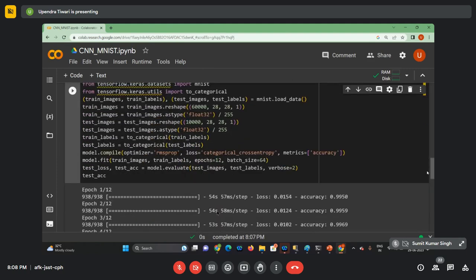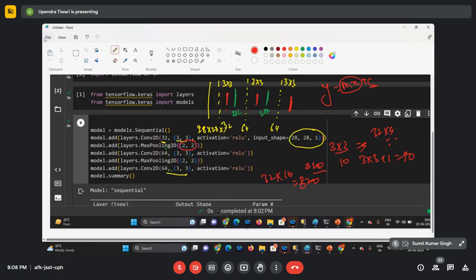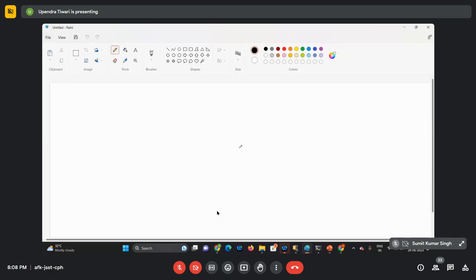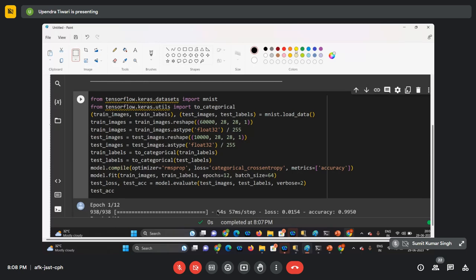After that, let's read the data. We are importing this MNIST data, which is the handwritten digits. And from tensorflow.keras.utils, we are using to_categorical, which will represent your number as categorical. Basically, Keras has a lot of inbuilt datasets.